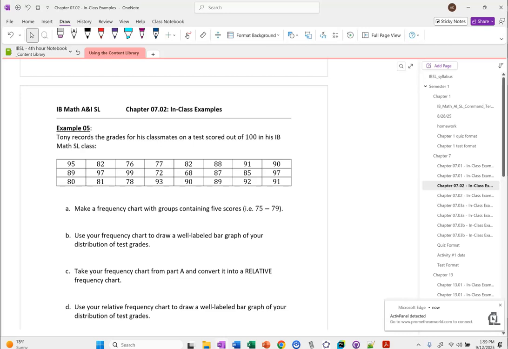The frequency is the count. Relative frequency is a percentage. Cumulative relative frequency is like a running percentage. So if you had 10% for the first one and 11% for the second one, your cumulative relative frequency was 21%. So you're just adding them as you go down. So at the end, your cumulative relative frequency for the last box should be 100%.